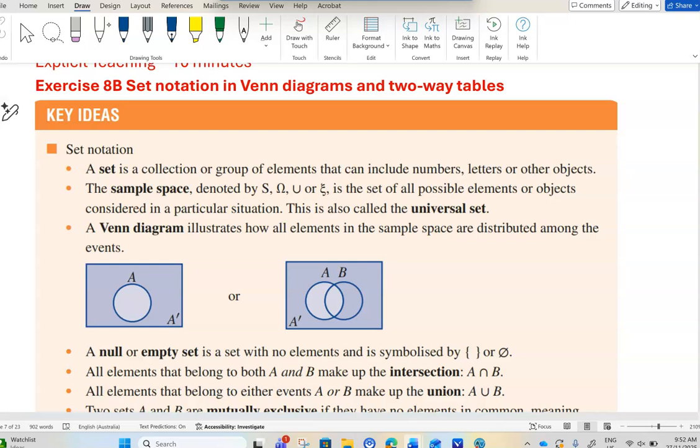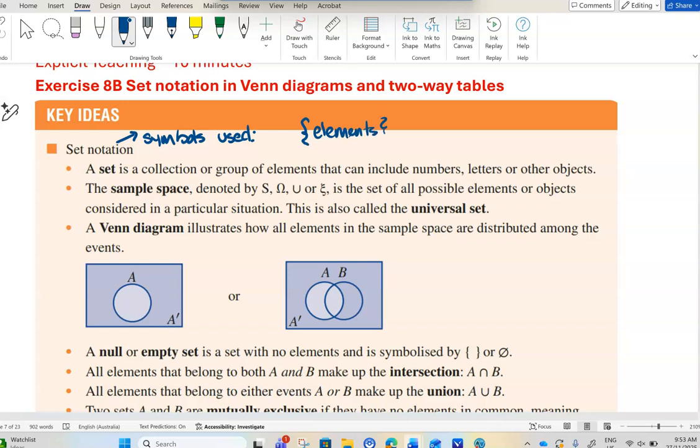So we're going to talk about set notation, which is just symbols used. If you remember yesterday, we said the set of elements, we put them in those curly brackets.